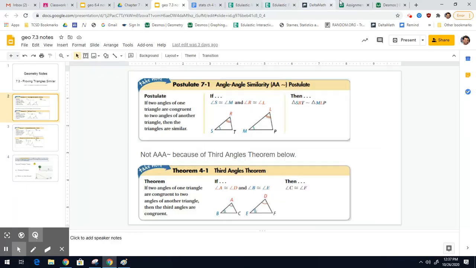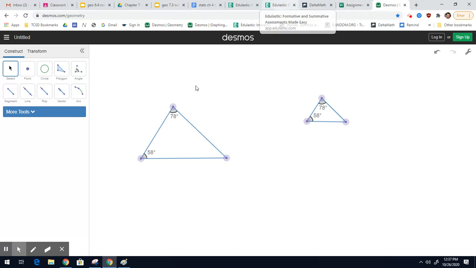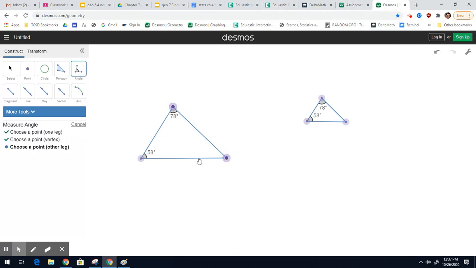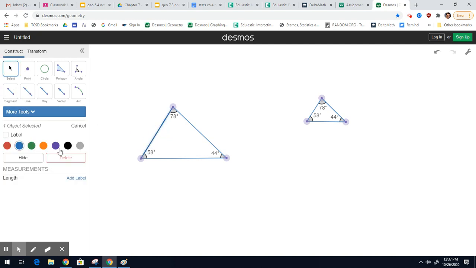Okay, so coming back here, are these two triangles really similar? Well, again, the third angles should be congruent, and they are. And now, what about the side lengths? Let's label this side 3.06.